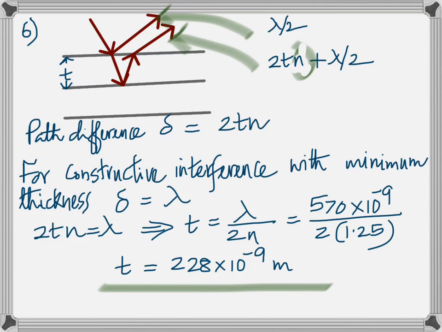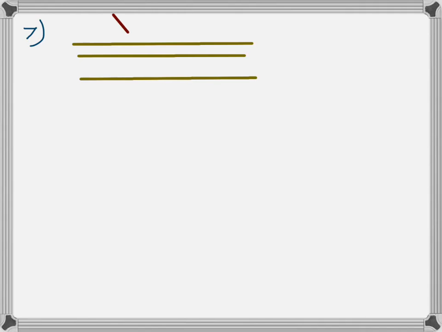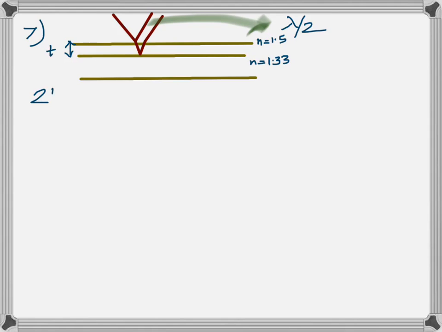Right, in the seventh question, oil and water. In the first case, there is an additional path difference because it's going from air to oil. In the second case, it is trying to go from oil into water.